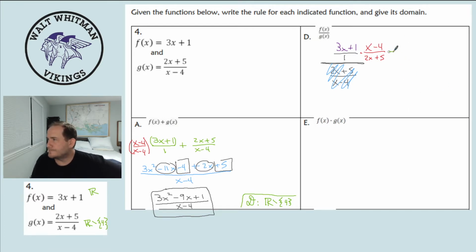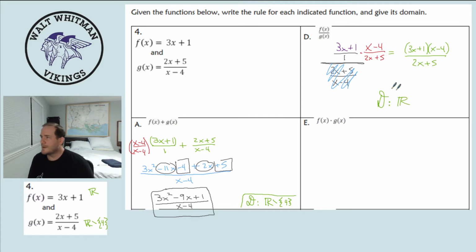So now what? I said don't distribute, so just leave your numerator as 3x plus 1 times x minus 4, and leave your denominator as 2x plus 5. And then marvel at how your domain is nothing more than all real numbers except for, well, the denominator here could be 0 when x is negative 5 over 2.